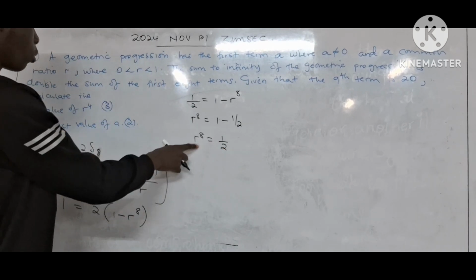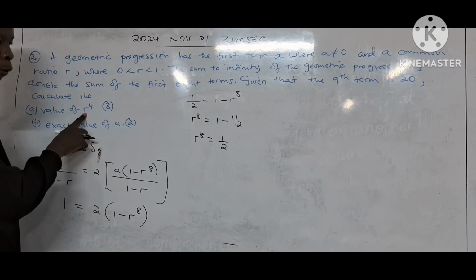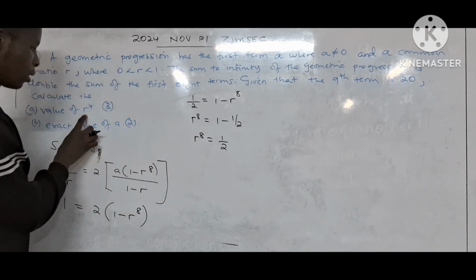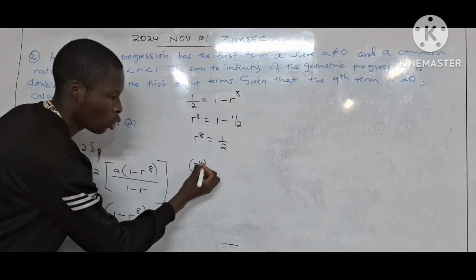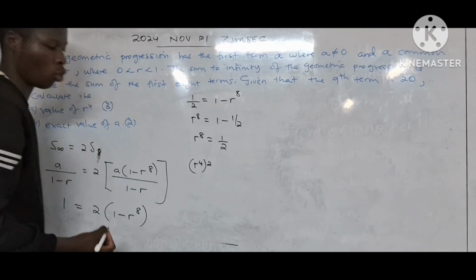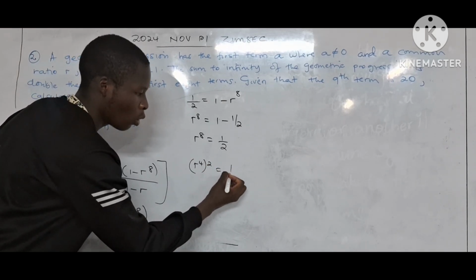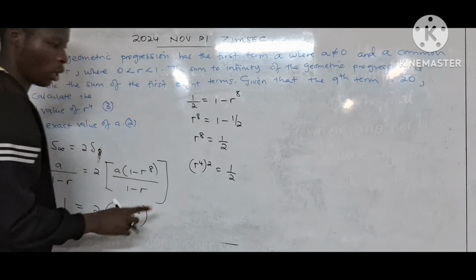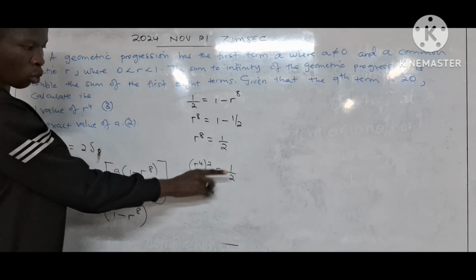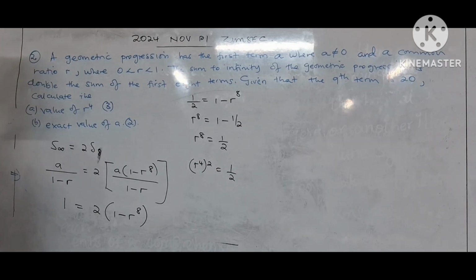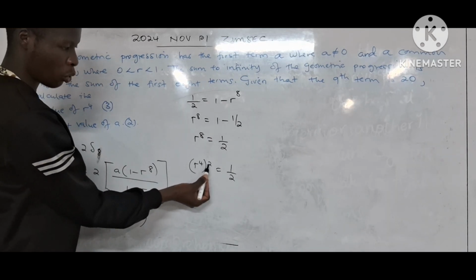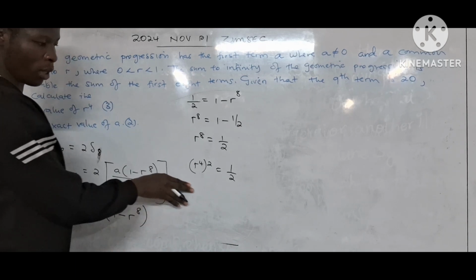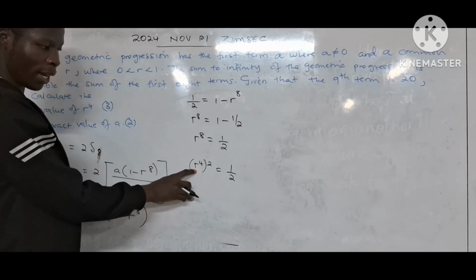So in order for you to find R to the power 4, this can be expressed as R to the power 4, all to the power 2, which is equal to 1 divided by 2. See, if you multiply 4 by 2, you get 8, so this is correct.